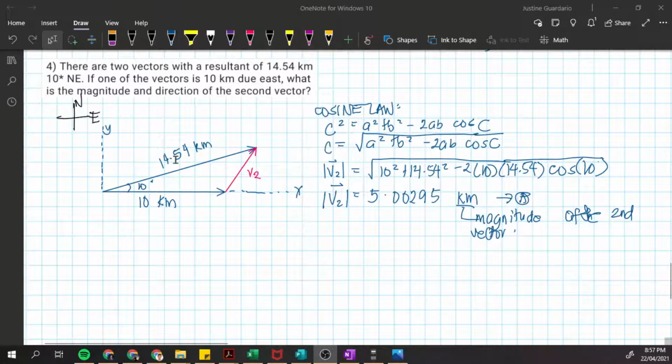So, to solve naman for the direction of our second vector, let's analyze our figure. Our second vector is in this pink vector. O, yung pink na line natin. And we want to determine the angle, okay, or the direction of our second vector given by this theta. But we know that this angle is supplementary to this angle.